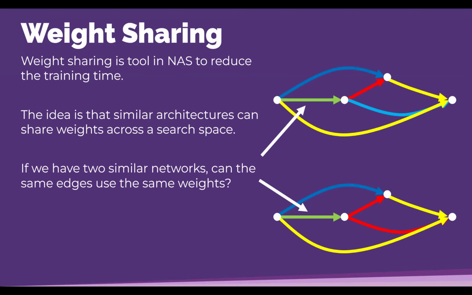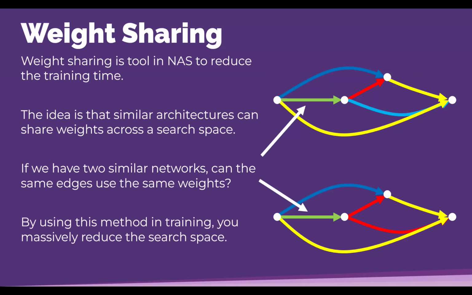The question that weight sharing asks is, if I point to the green operation, it can be any of the operations that are the same color, can we share weights across these cells? And if we say yes and accept that, we can massively reduce the training time, as instead of having to train 15,000 cells, we actually only need to train about 30 edges before we can just start copying the weights over.